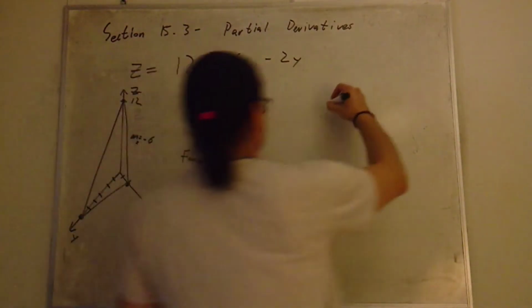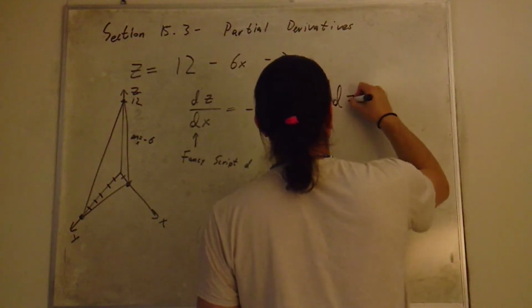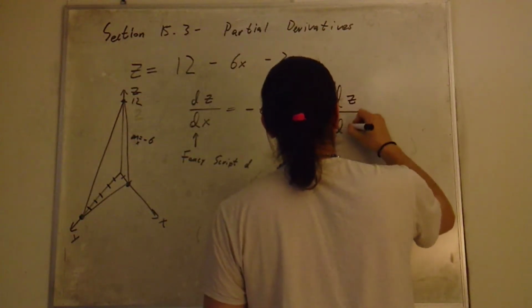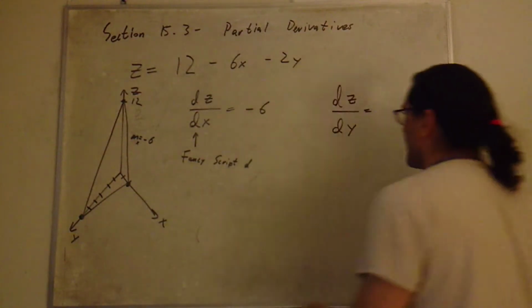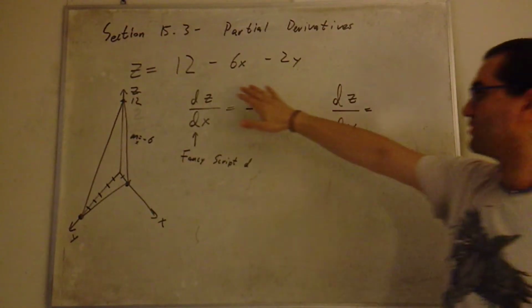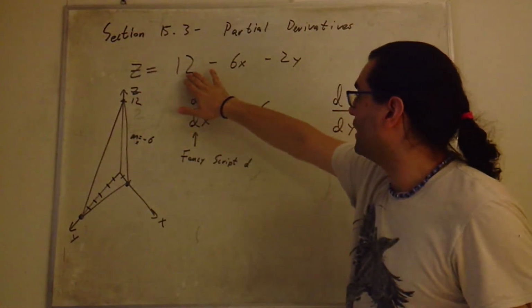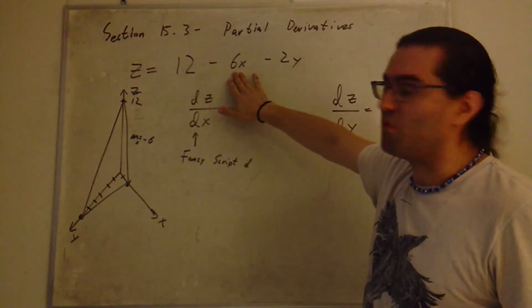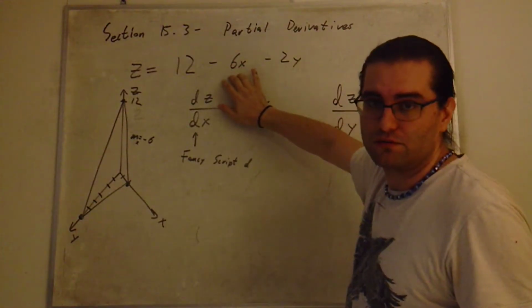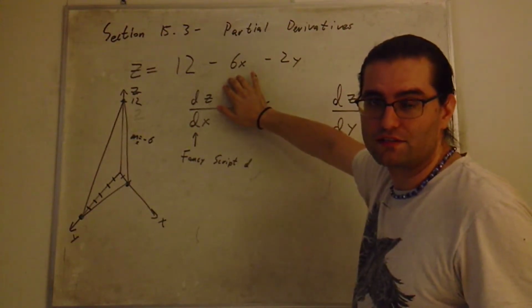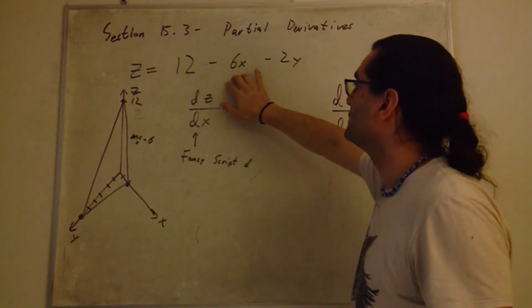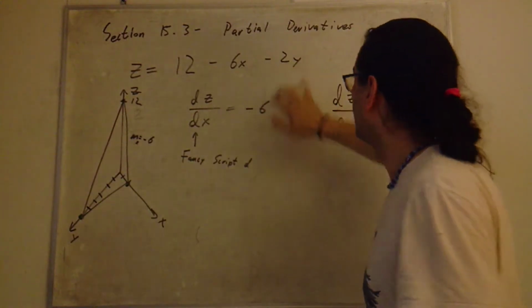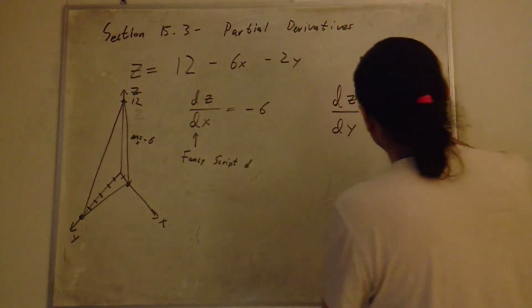And we can do the derivative with respect to y. And that's going to look very similar. If we're differentiating with respect to y, this is going to be 0. It's got no y's in it, so it's effectively constant. Derivative of a constant is 0. Derivative here will be negative 2.